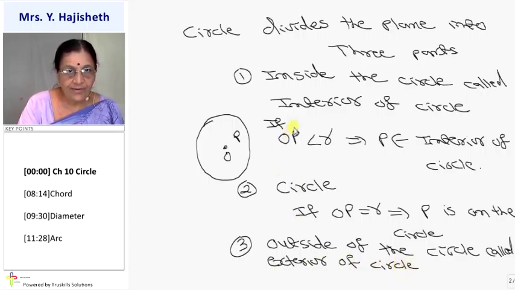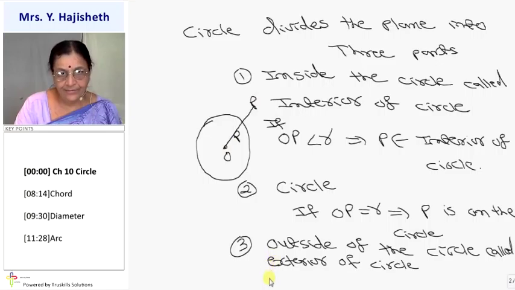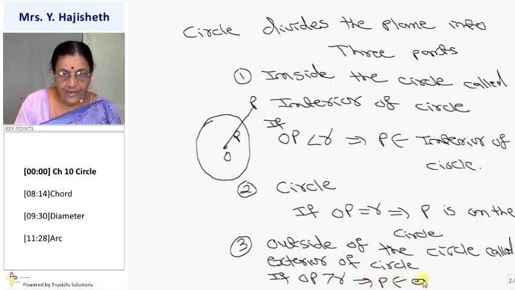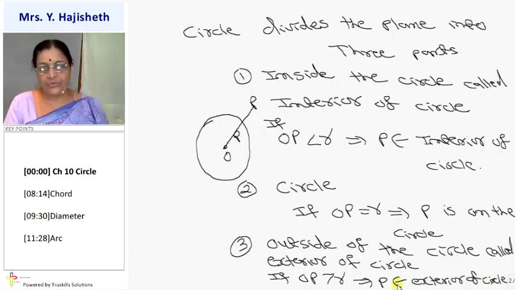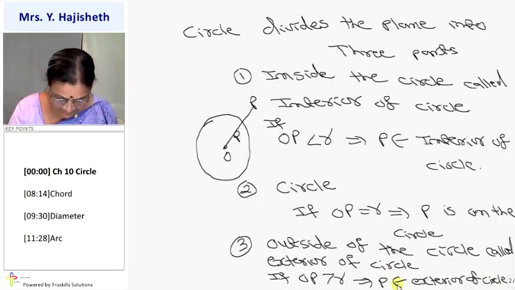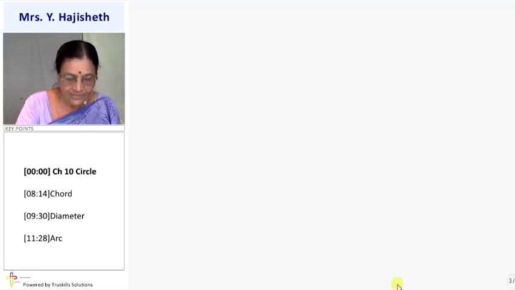If P is somewhere here, then this OP is greater than R. So if OP is greater than R, that implies P belongs to the exterior of the circle. P lies on the exterior of the circle.